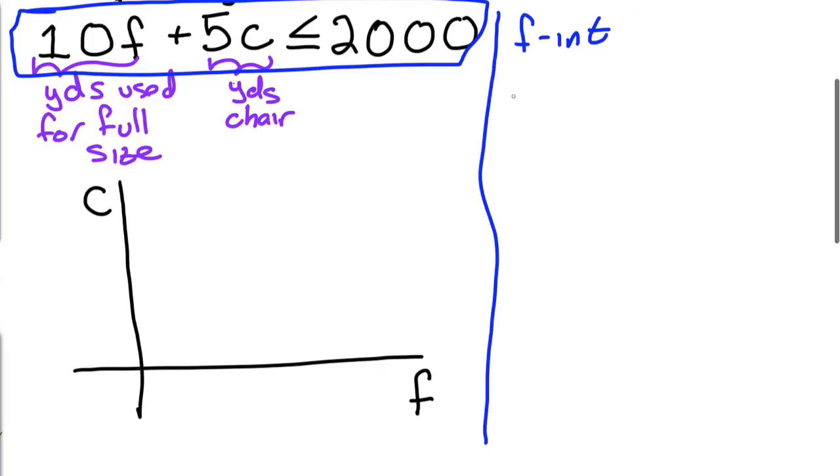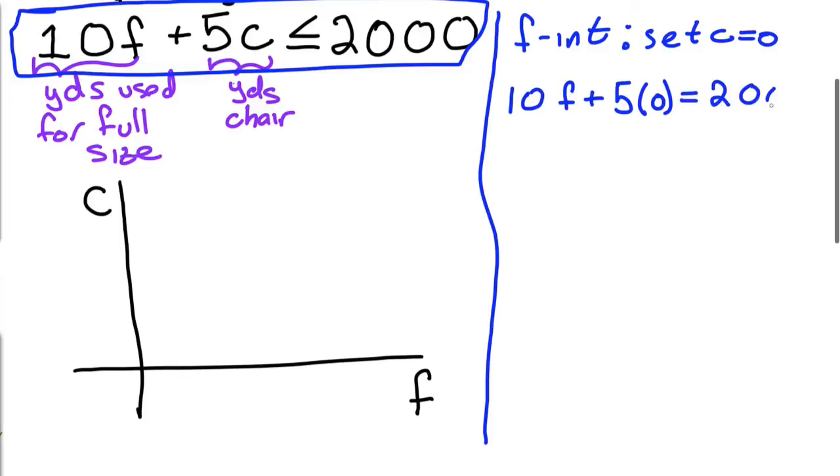So what I'm going to do is set C equal to 0 and plug it into my inequality. So what does that mean? Well, I would have 10F plus 5 times 0 is equal to 2,000. Now I'm going to deal with the inequality later. So for now, we're going to use the equality.